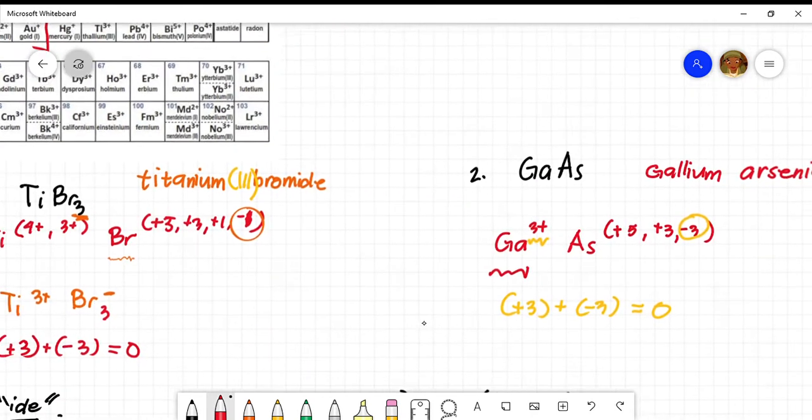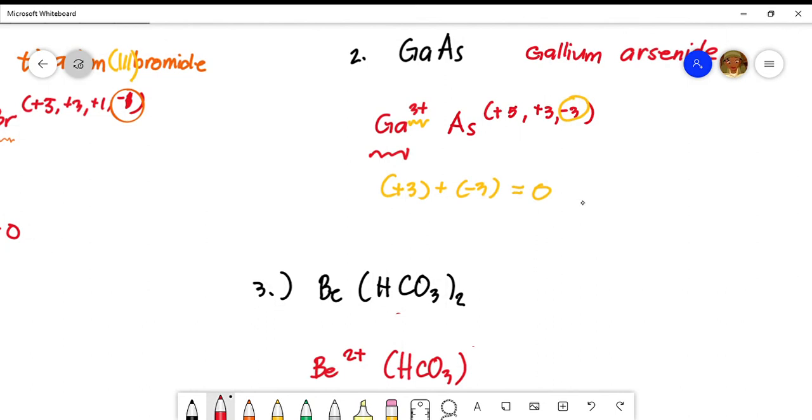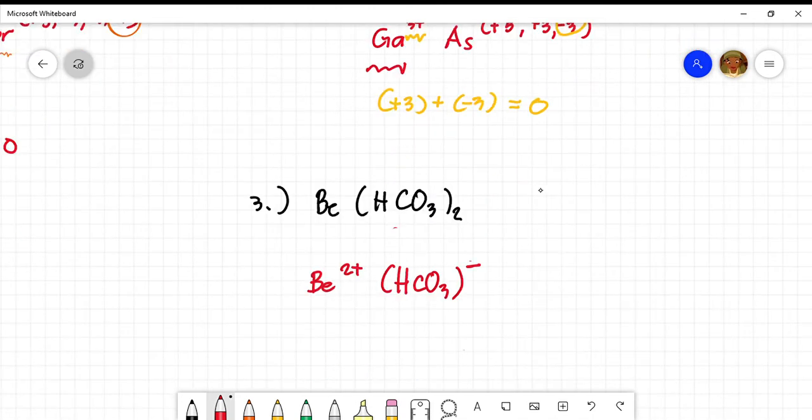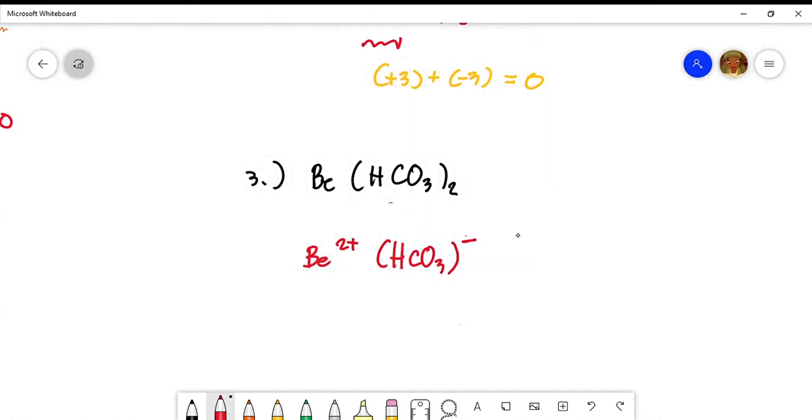What I have said earlier is that this enclosed has a net charge of 0, okay? But if we treat this as a single unit, it can have several charges. So it depends on what polyatomic ion it is.